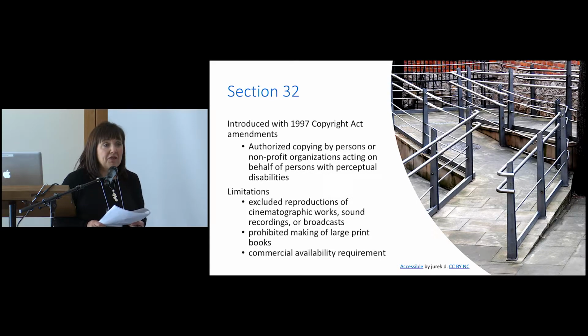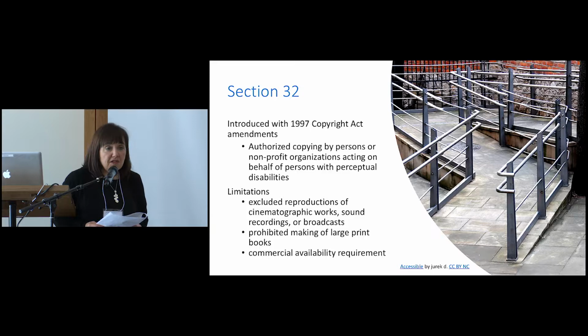However, thanks to some very successful lobbying on the part of organizations such as CNIB and other organizations that were acting on behalf of users with perceptual disabilities, the Section 32 exception was introduced into the Act in 1997, and we've been using it ever since.